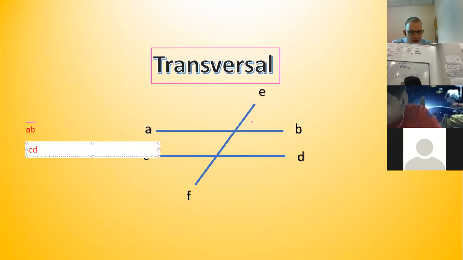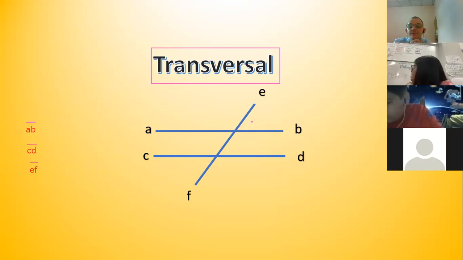Do you see? CD. And then our last line is EF. Okay, so we have three lines. We have line AB, which is this line here, we have CD, which is another line, and we have EF. So we have three lines.